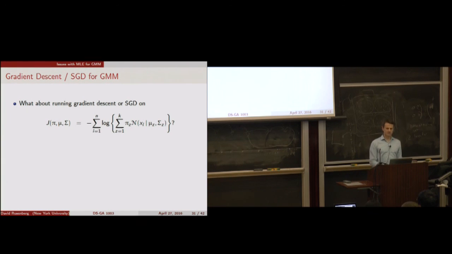For one thing, our parameter space includes a matrix, sigma z. If our dimension is d, this is not just an arbitrary set of d squared numbers. The entries of that matrix have to have certain properties.